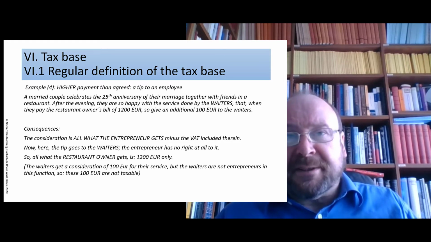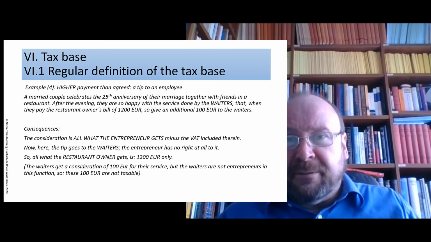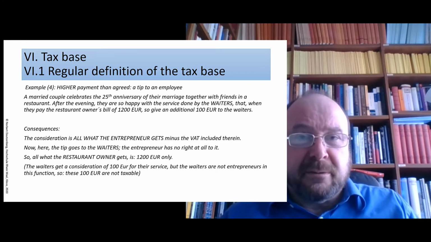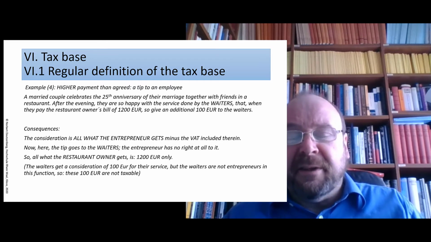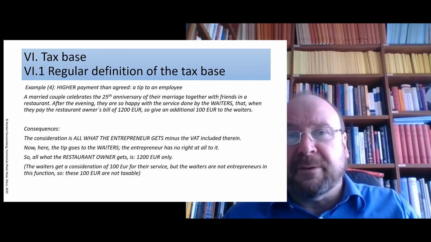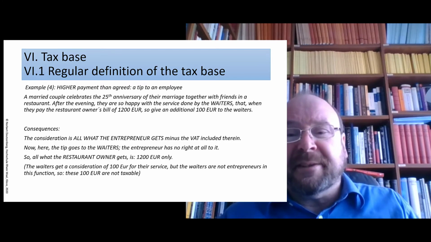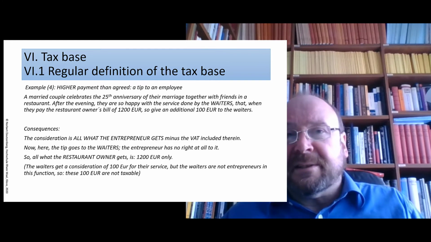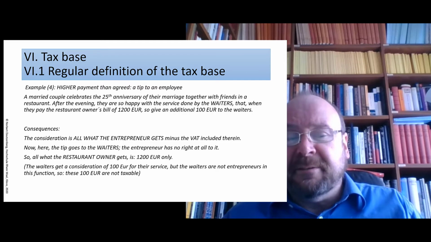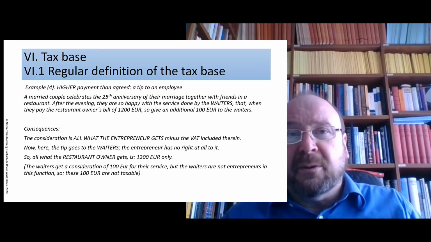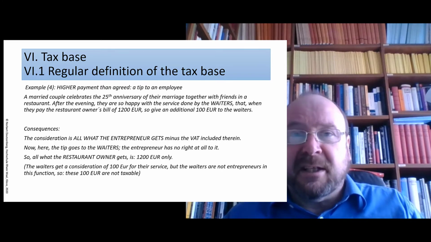And so we could ask if the fact that the waiters are paid for their service is an additional taxable transaction, so tax test 1.1 number 1, and the clear answer here is yes, the waiters did something for the married couple, but the waiters did that as employees, and so being not independently active does not allow taxability, because only what an entrepreneur does can be taxable.